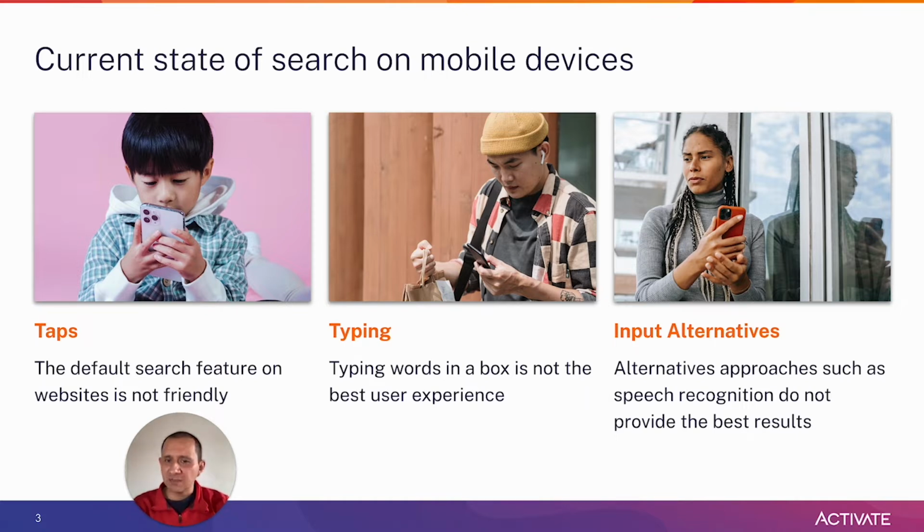So lots of taps, lots of typing, and sometimes using input alternatives such as speech recognition or dictation won't give you the expected results, mainly because of loud environments, or because the person trying to use this feature doesn't speak English natively.